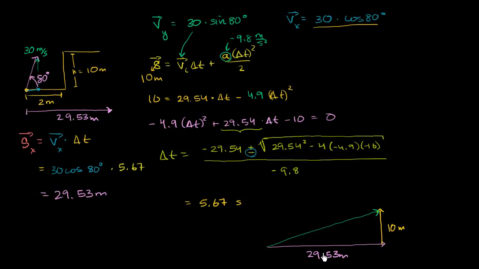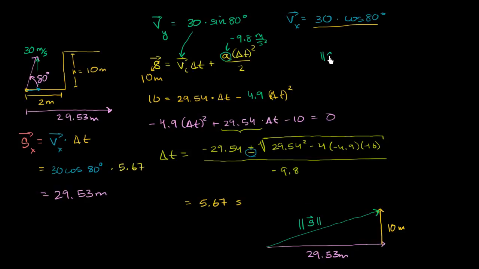Well, we could use the Pythagorean theorem here. The square of the magnitude of our total displacement is going to be equal to the sum of these two squares. This is just the Pythagorean theorem. This is the magnitude of our displacement right over here.